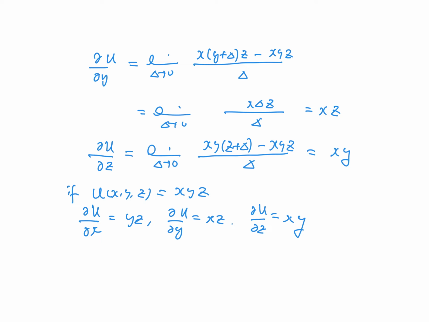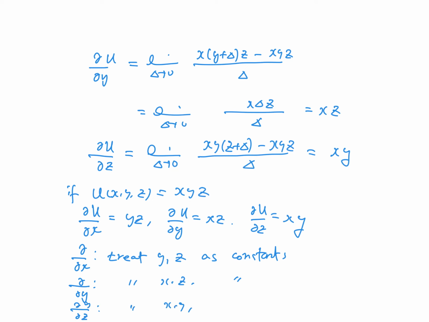So, for example, partial x, treat yz as constant. Likewise, partial y, treat xz as constant. Partial z, treat xy as constant.